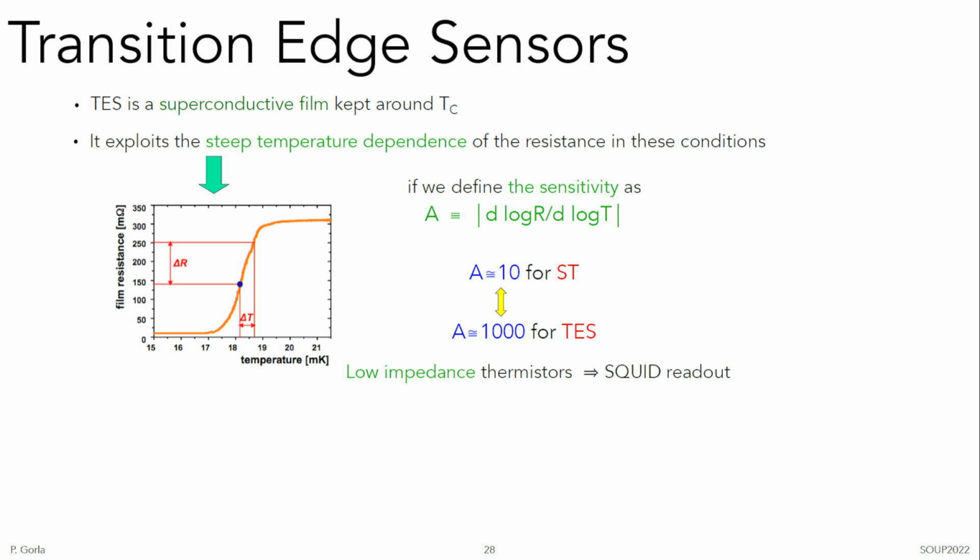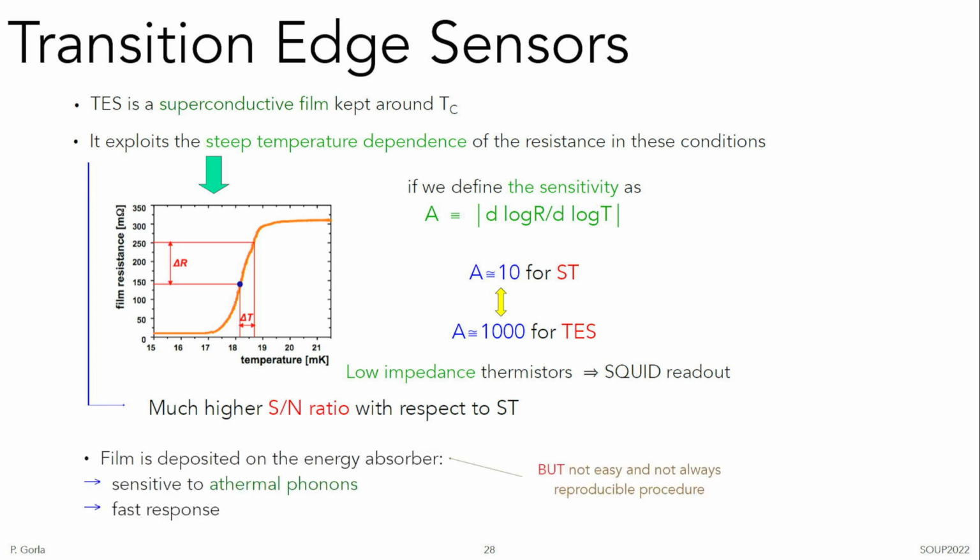Of course, as usual, you have to pay a price for this, and the first price is that the resistance variation you have to measure is extremely small, in the milliohm range, and so you need some dedicated readout. In particular, you basically are forced to use SQUIDs to read out the signal of this kind of sensor. And of course, the signal to noise ratio is much higher in this kind of device.